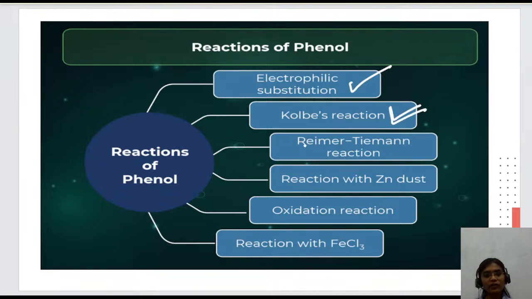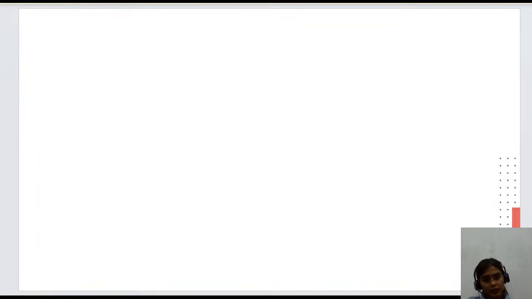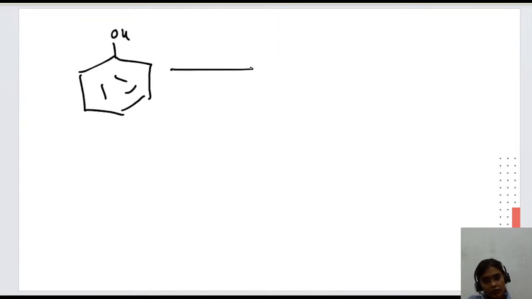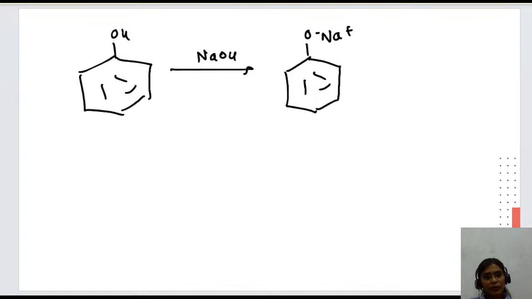What is the meaning of the Kolbe's reaction? In the Kolbe's reaction, you start with the normal phenol. First of all, you add some NaOH. After the addition of NaOH, there is a formation of the phenoxide ion, with Na positive and O negative.